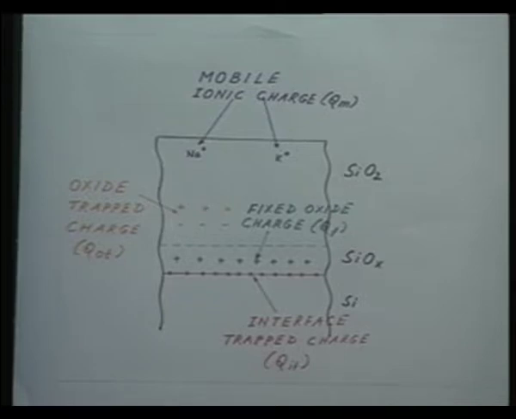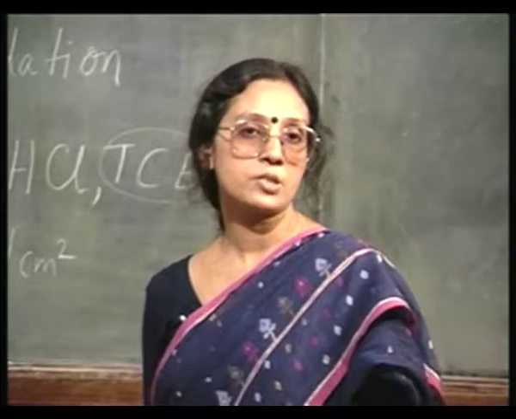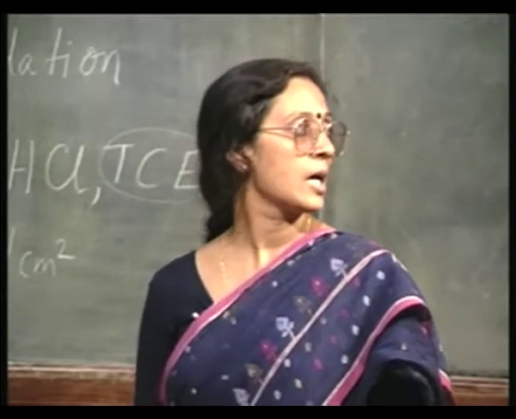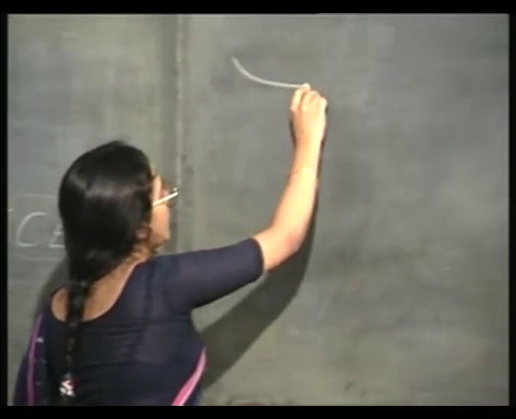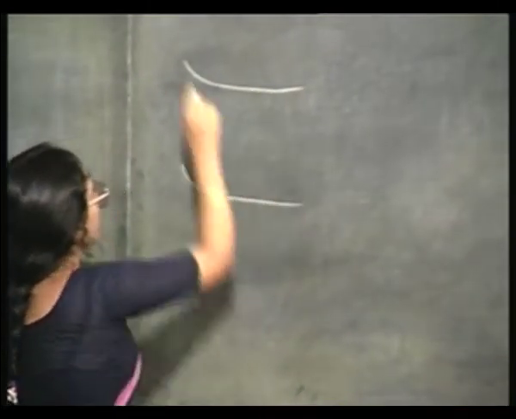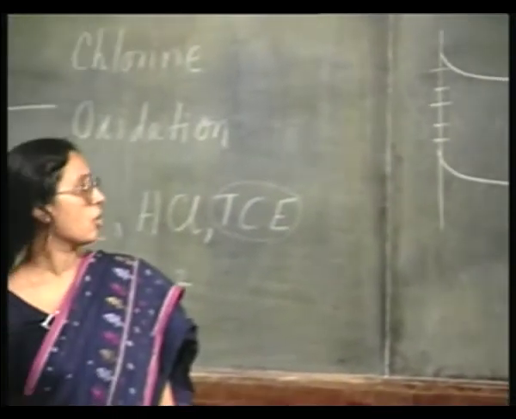Next oxide charge to be discussed are the interface trapped charges. These interface trap charges are a very problematic element, particularly when a MOS device is concerned, because these interface trap charges are spread all over the forbidden energy gap, and depending on the position of the Fermi level, they can be occupied or empty.